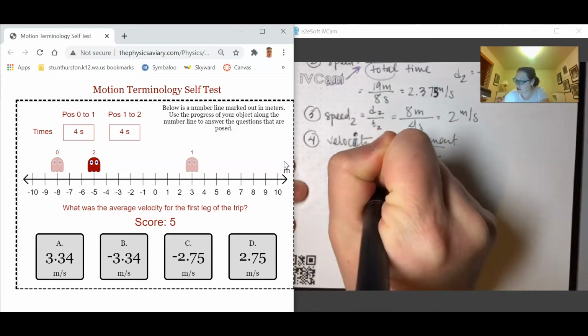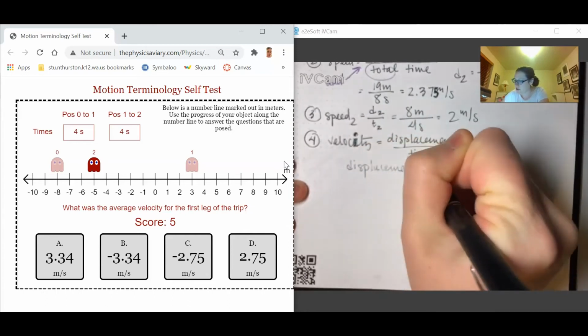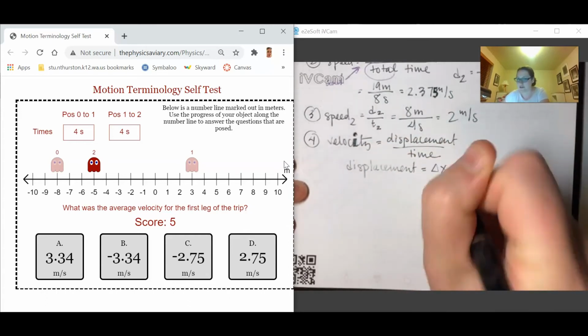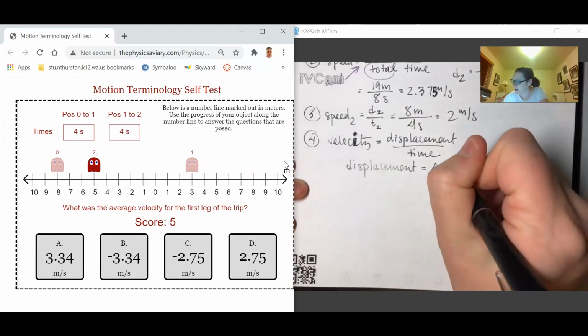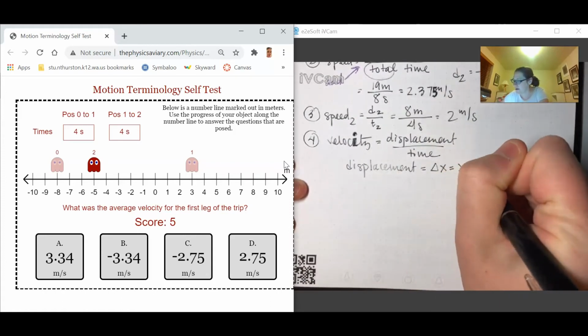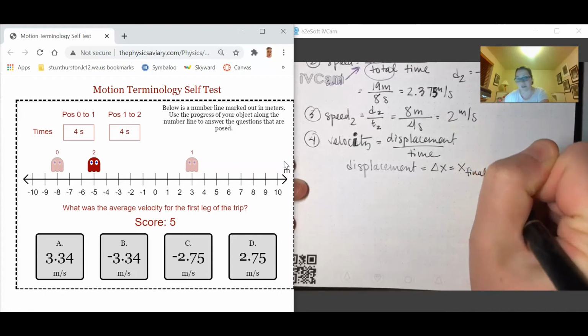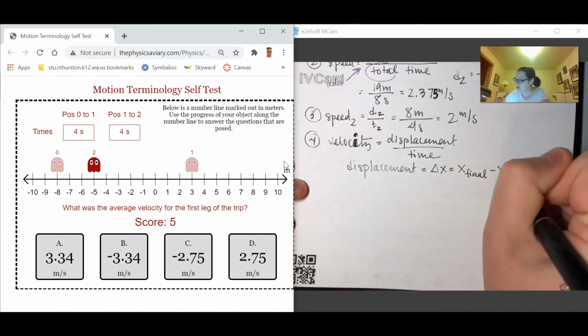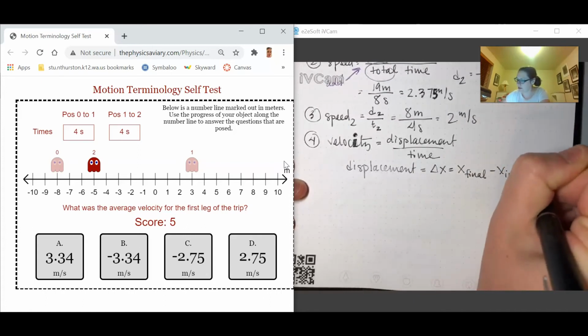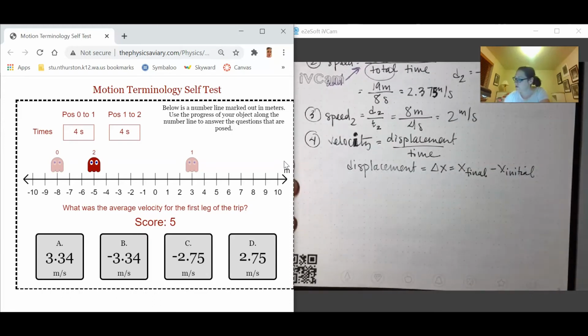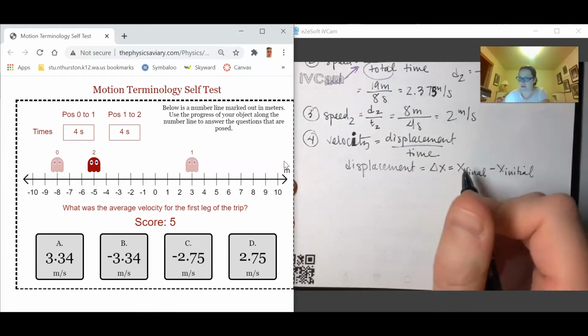Displacement is a change in position. We use the symbol delta x to represent displacement, and we calculate it by saying my final position, where did I end up, minus my initial position, where did I start. So I want to know what this displacement is.